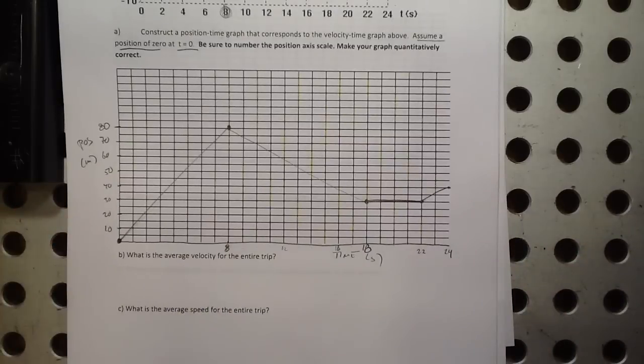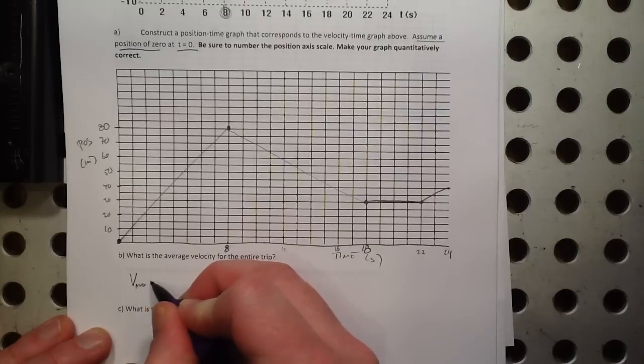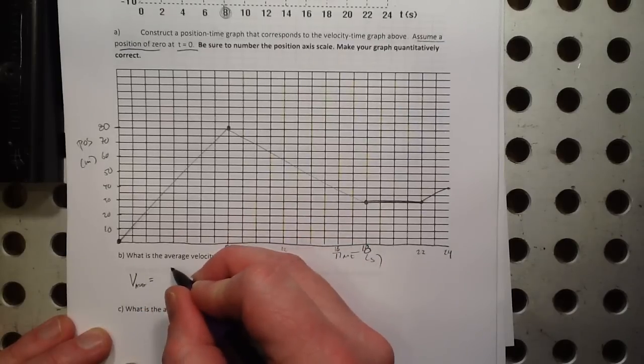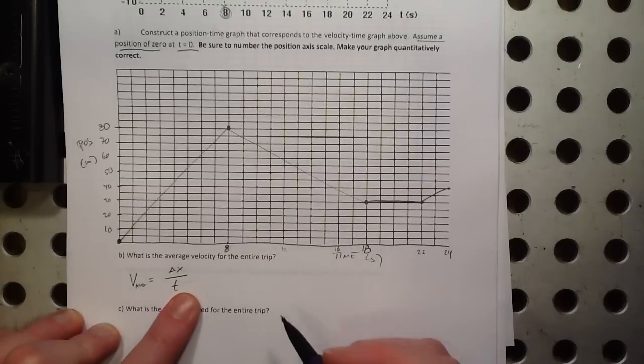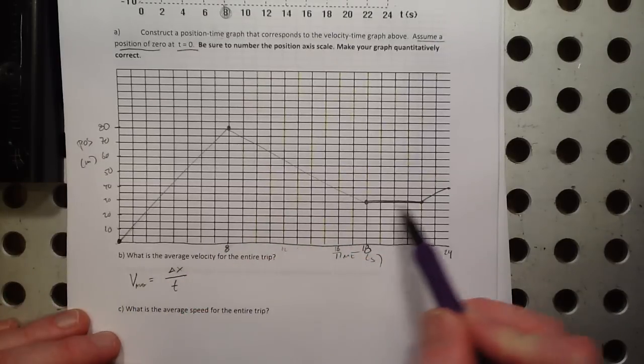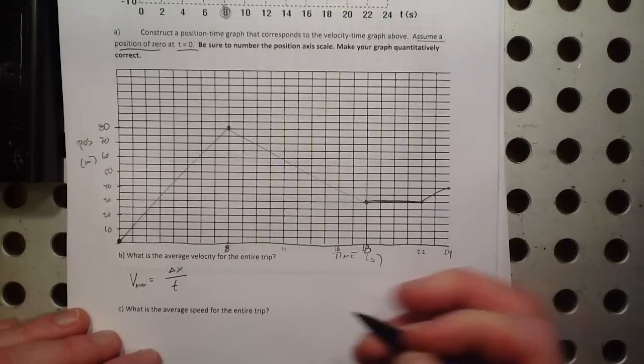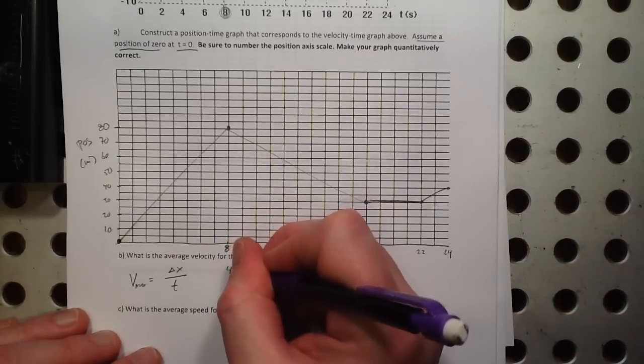What's the average velocity for the entire trip? Well, I will give you this equation. Average velocity is equal to displacement divided by time. So what's its displacement? Displacement is the difference between where you start and where you end. So it started at 0, ended up at positive 40. That's a displacement of positive 40.